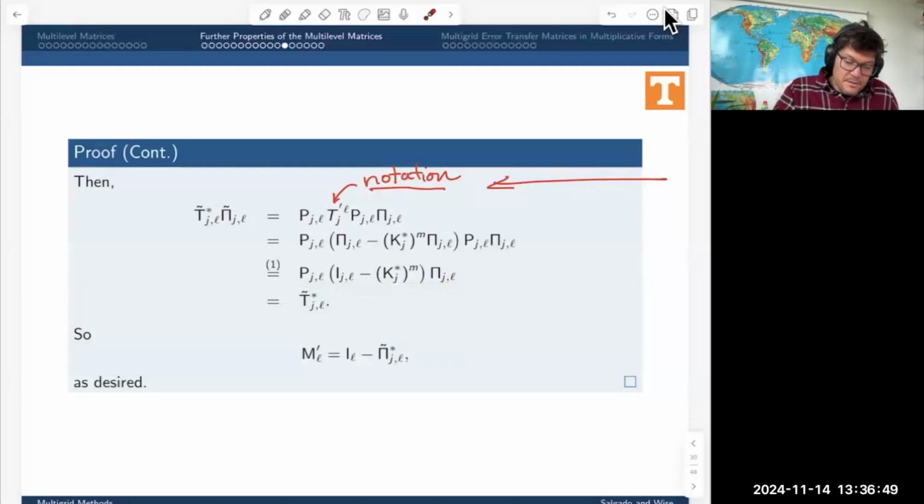Oh, I see why it was wrong. It's because I switched somewhere along the line. I was using this notation, subscript J, superscript L, and I switched to just J comma L. So we replace that back; this is just going to be T_J^L prime. But when I multiply it times that, it gives me the T_J^L tilde prime. And T_J^L tilde prime is just equal to the star matrix.